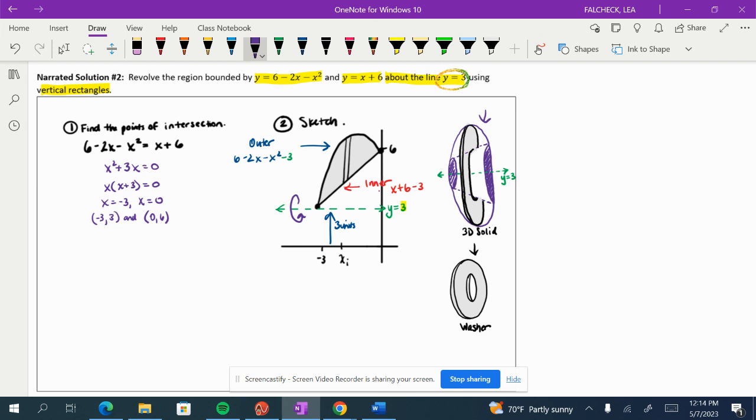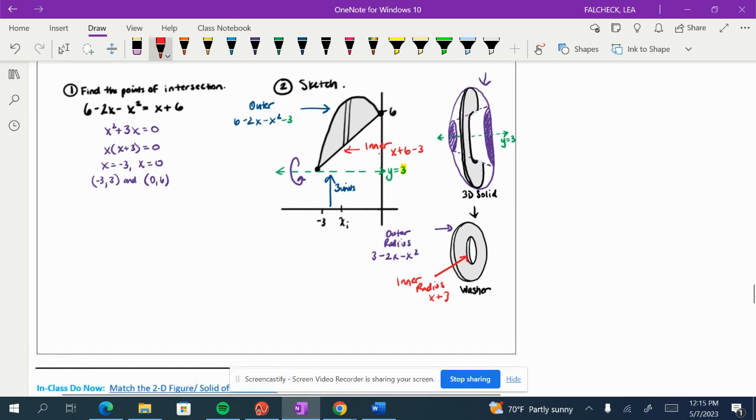In our washer right here, we have our outer radius, and I'm going to combine terms: 6 minus 3, which is 3 minus 2x minus x squared. And then our inner radius is going to be generated by the function x plus 3.